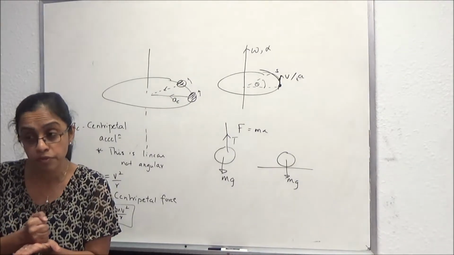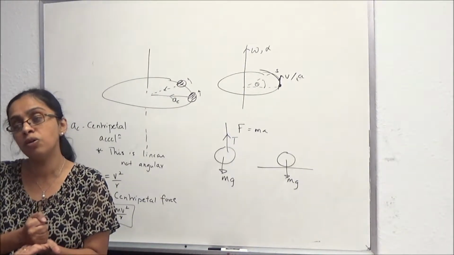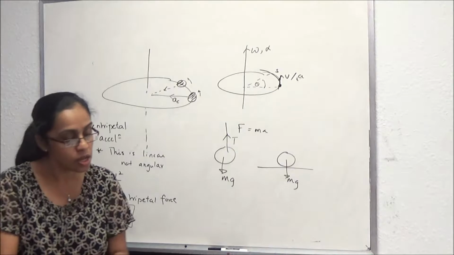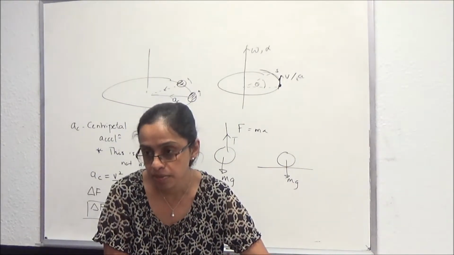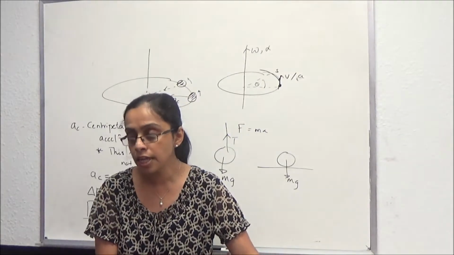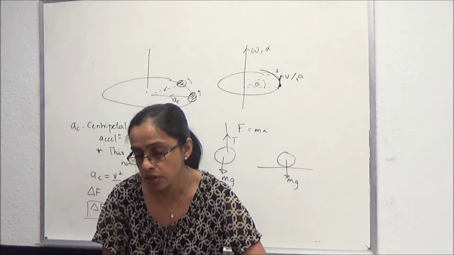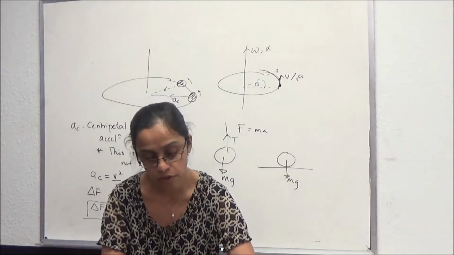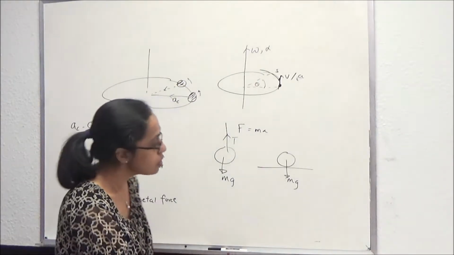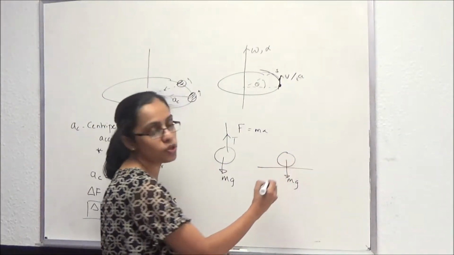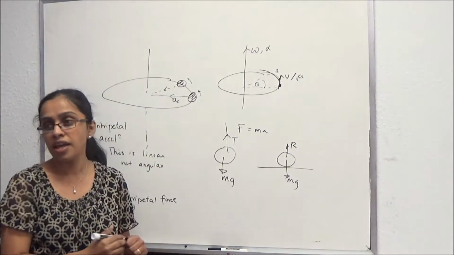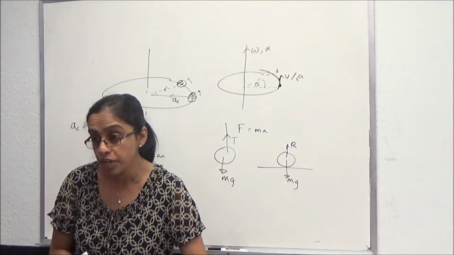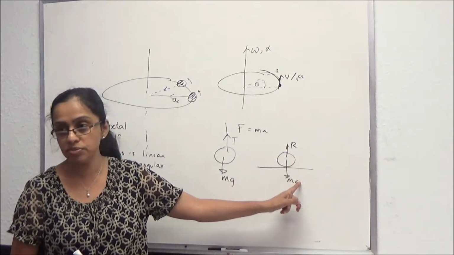You feel something from your other hand. That is called reaction. Whatever we put on a surface is subjected to a reaction from the surface, which is usually perpendicular. And since these are in equilibrium, R equals mg.